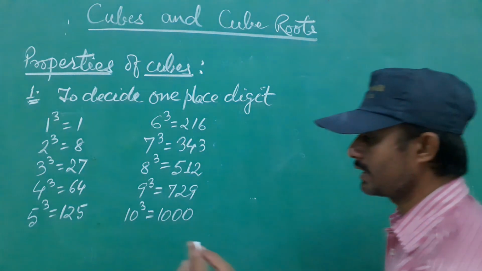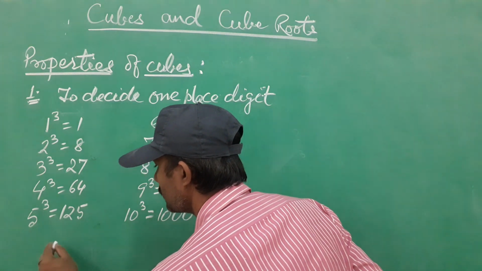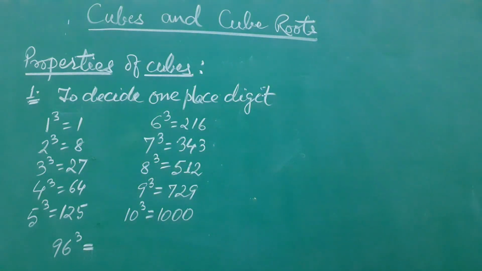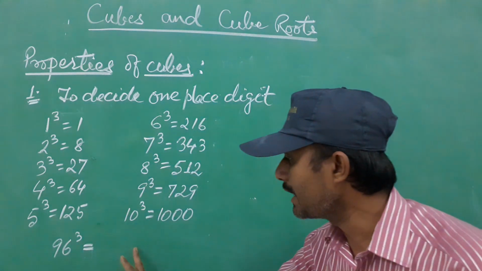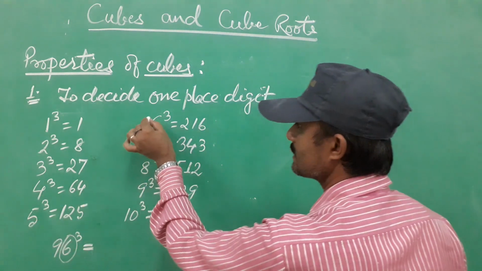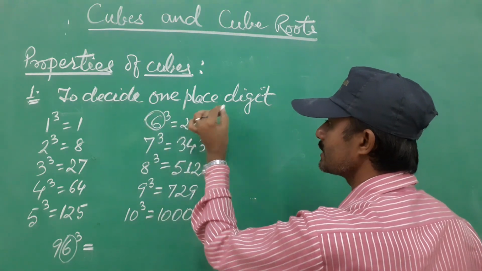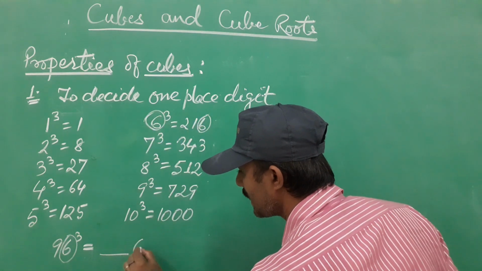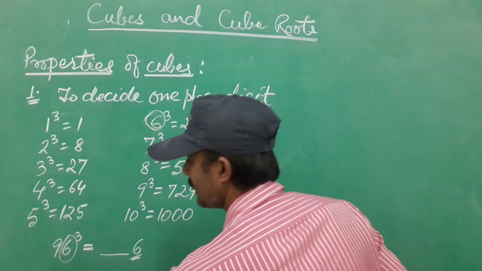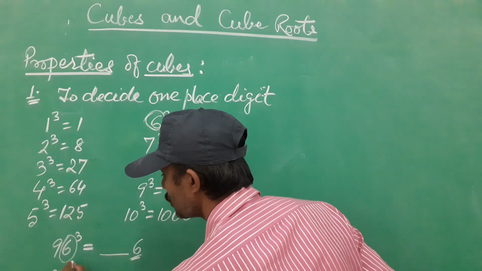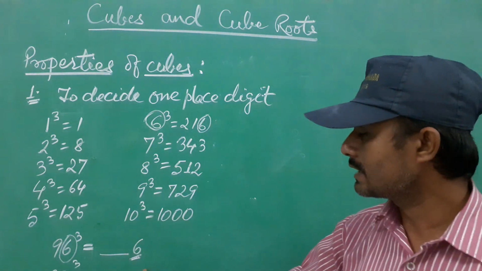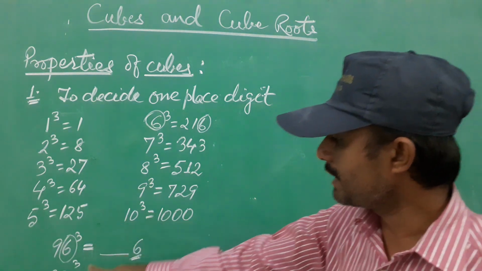Simple example, if you have a number 96 cube, how to decide the ones place? So look here, what is the ones place? 6. So for 6 in cube also it is 6. So this number always ends with 6. For any other example, if a number is 123 cube, so here in the cube the ending digit will be based on 3.